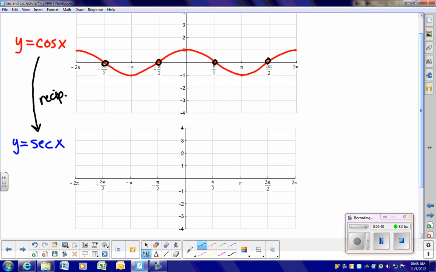Undefined. So that means that each of these locations that I've highlighted with a black circle correspond to a vertical asymptote down here. Vertical asymptote for secant. All of the zeros for cosine give secant asymptotes. All of the places where cosine is equal to 1 will also be equal to 1 on this graph.